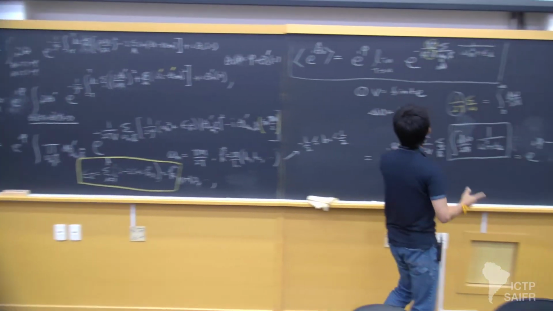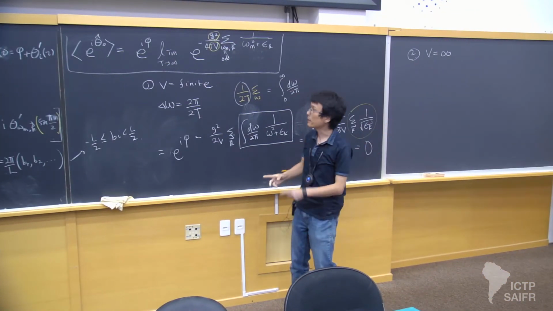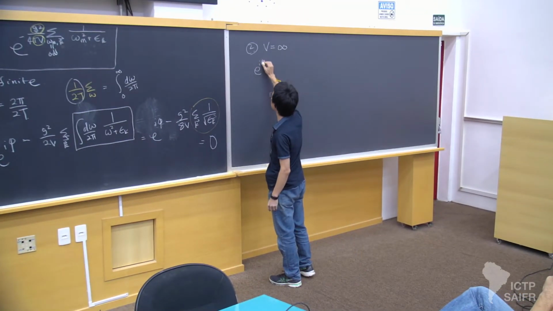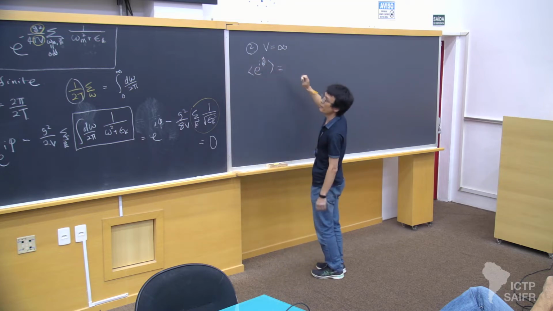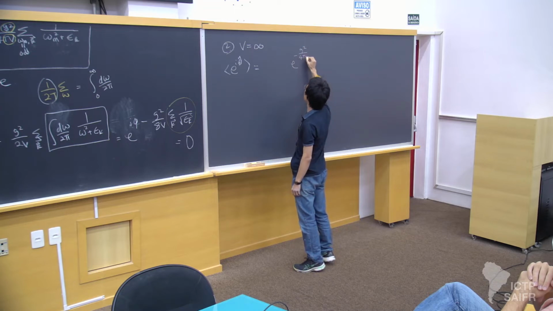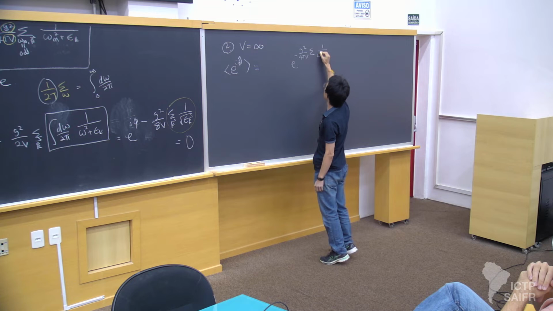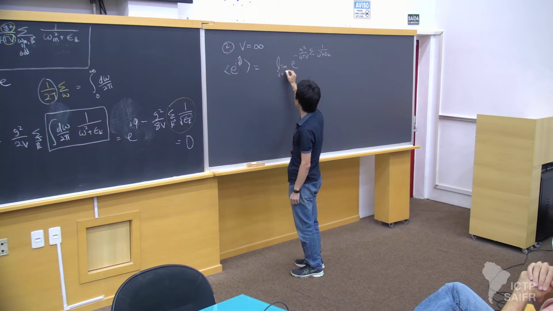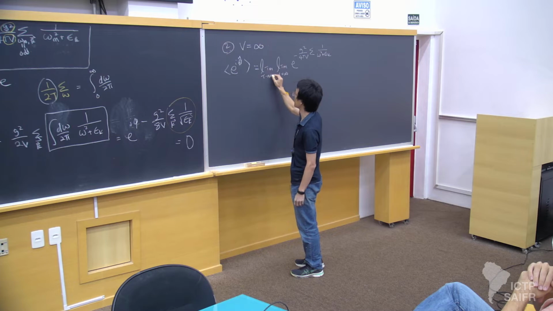Okay, so in the thermodynamic limit, this expectation value is given by the same expression, but importantly, you have to take the large V limit first before we take the large t limit.